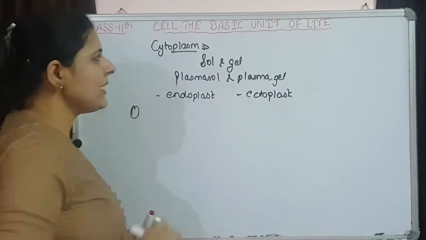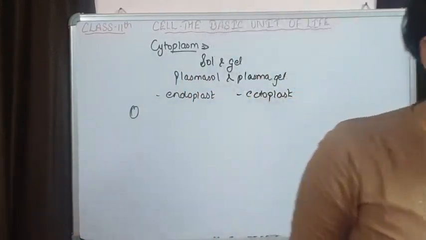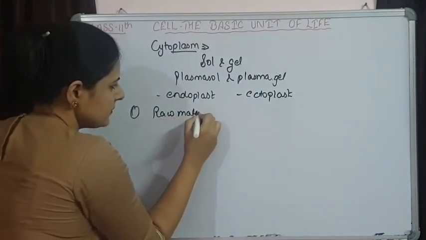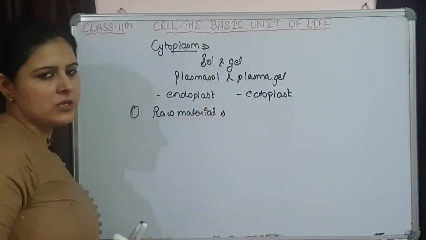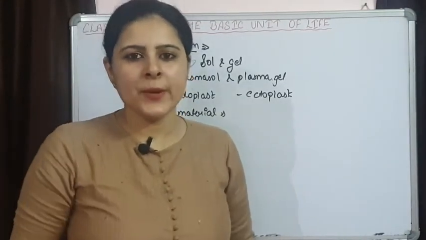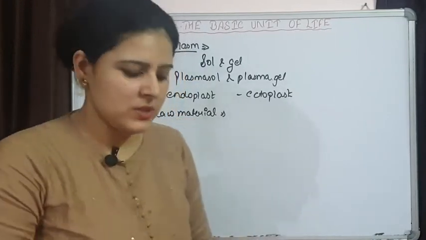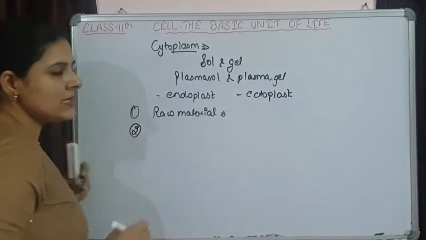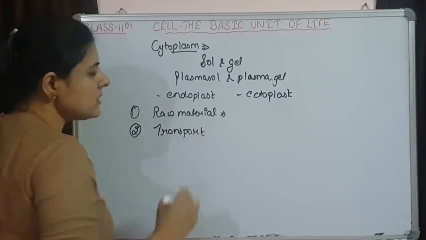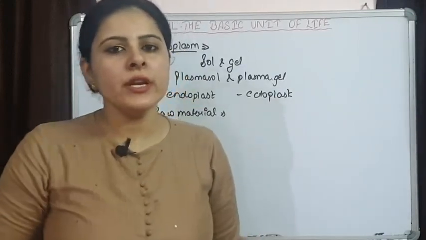This cytoplasm plays a very important role. Different functions are performed by this cytoplasm. The main function is that it is going to provide raw material. Lots of substances, amino acids, fatty acids, glycerols, and different sugars are present, which act as raw material for different metabolic reactions. Then it acts as a connection for transport of substances between different organelles. The organelles release their products in the cytoplasm, and then they are transported to the different organelles.